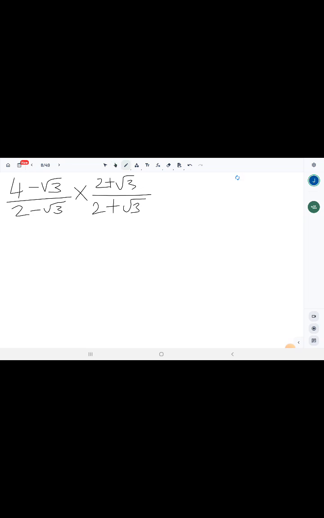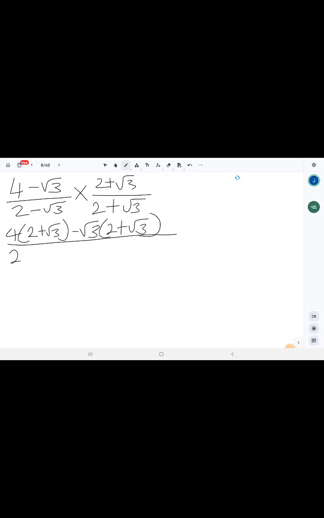That will be 4 open bracket 2 plus square root of 3 close brackets. You pick your minus root 3, minus root 3 open bracket 2 plus root 3 close brackets, over 2 would stand out, and you write everything here in the bracket.